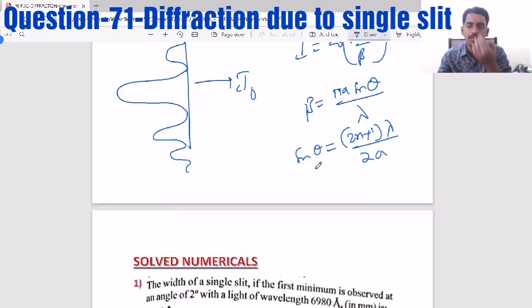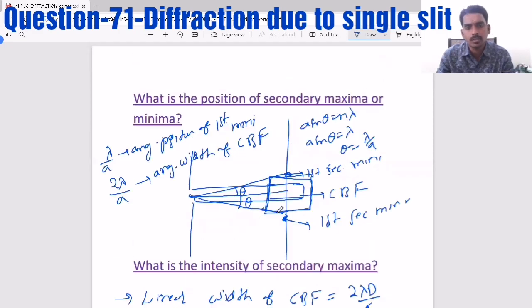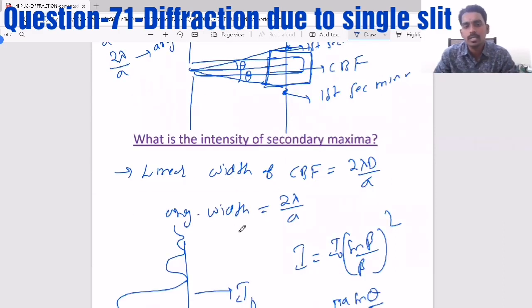That is the condition for the nth secondary maxima. If they ask for the first, you substitute n equal to 1; if n equal to 2, the second secondary maxima. Depending on that, they can ask for the intensity. But most of the time, they ask questions based on the linear or angular width of the central maxima, whose intensity is maximum.